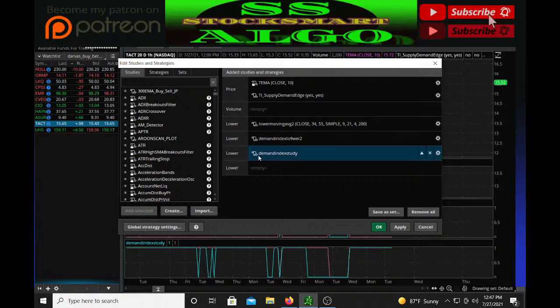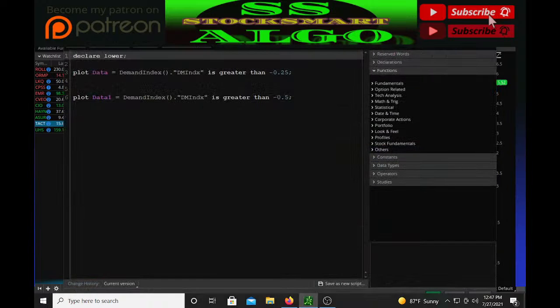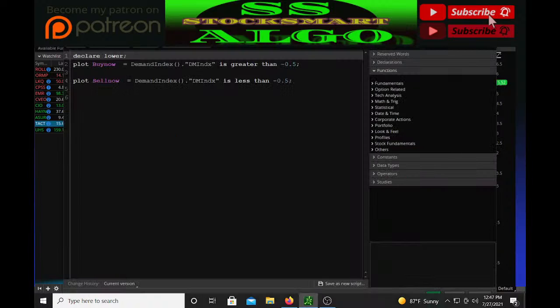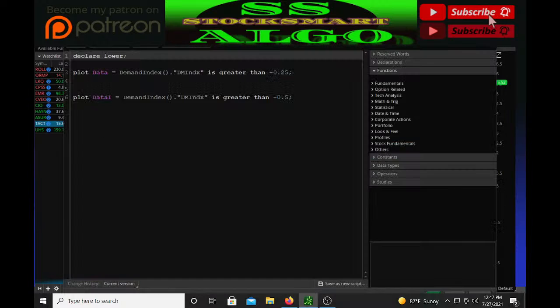So I think these are similar. Demand index, DMI index is greater than negative 0.25 and 50. Buy now, sell now. For some reason I decided to take it in tighter and go 0.25.